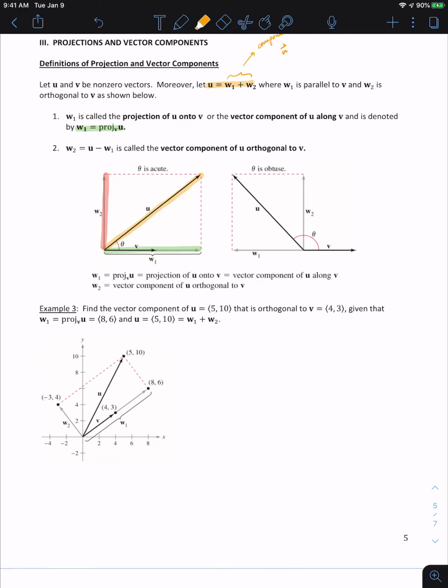Okay, so let's find the vector component of U that is orthogonal to V, given that W1, which is the projection of U onto V, is 8, 6, and U is equal to 5, 10, which is W1 plus W2. So everything is set up here in this example to match up with our definitions of projections and vector components, right?